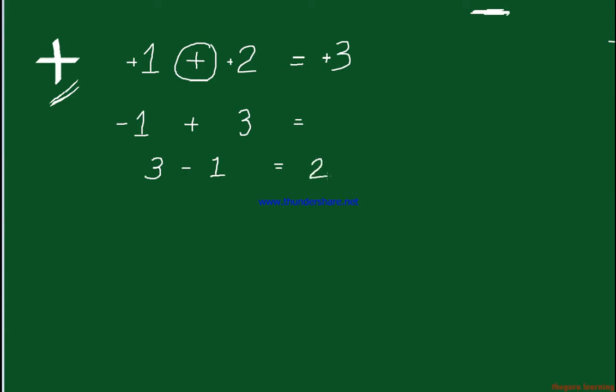And that will become 2. The sign of the number which has the greater absolute value will follow, and this has positive, and so we have positive 2 for the answer.